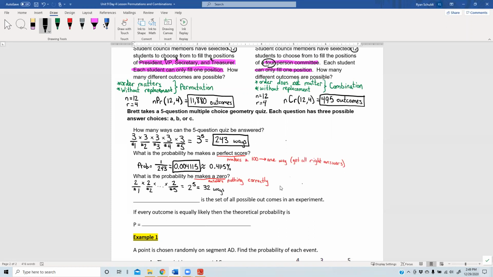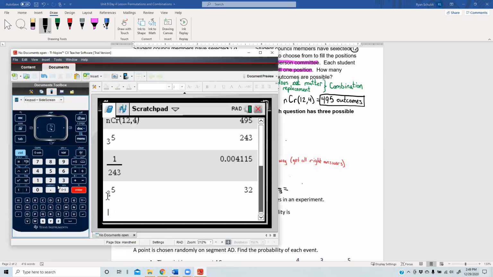They want the probability he makes a 0. So the probability would be 32 over 243. Let's see what that gives us. 32 divided by 243.